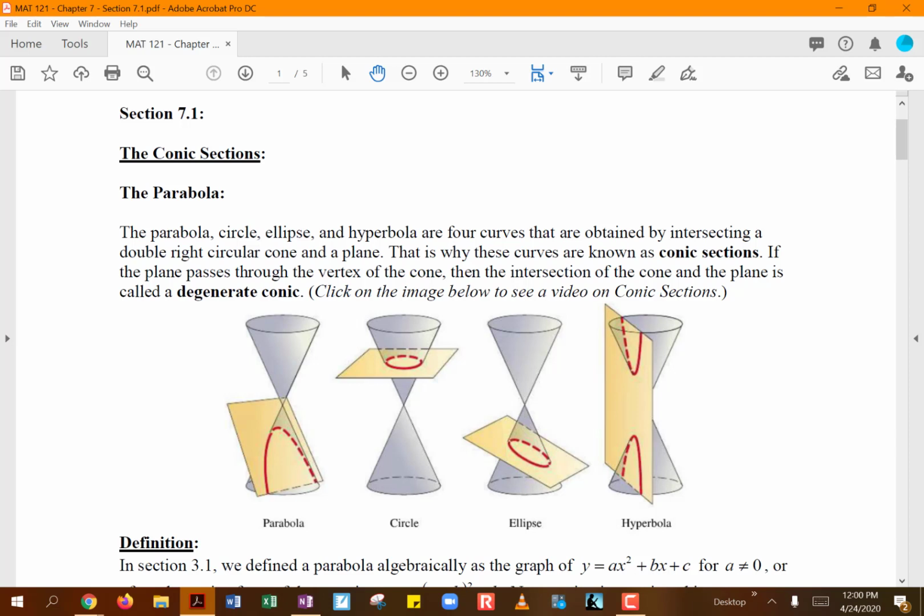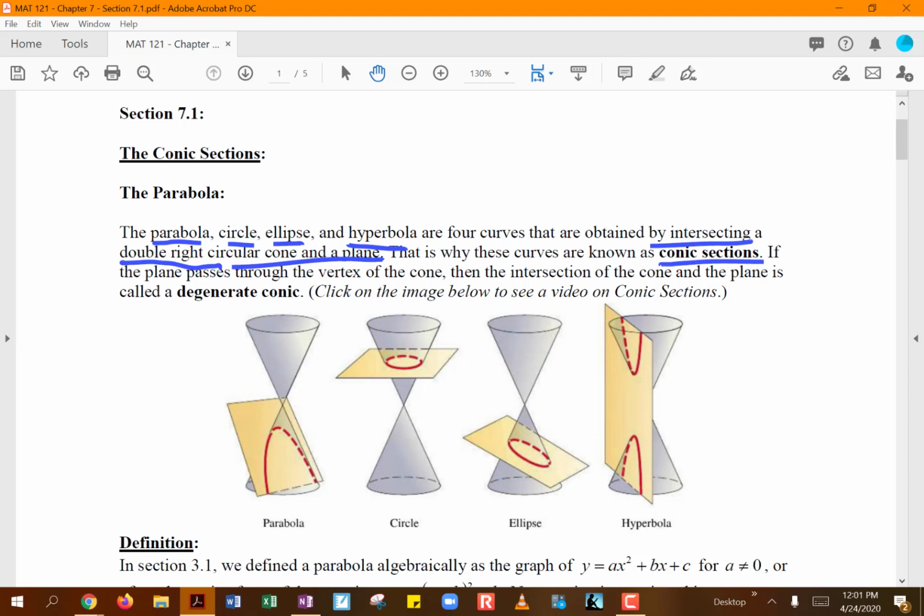So you can basically create a parabola, a circle, an ellipse, and a hyperbola when you are intersecting, like I said, a double right circular cone with the plane. And that's the reason why we call these conic sections, because they're coming from a cone, right?